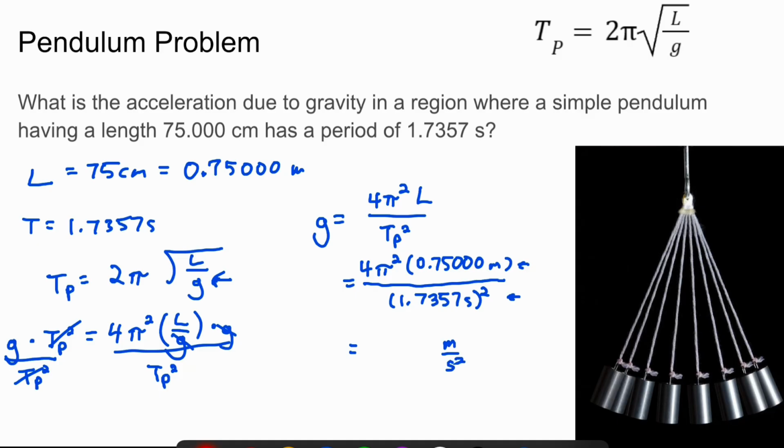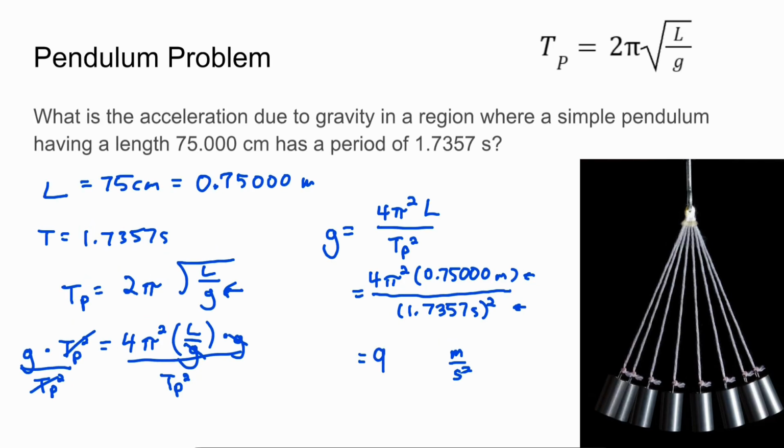So we'll end up with meters per second squared, which we like because that's generally what we communicate acceleration in. And our answer ends up being 9.8281 meters per second squared, which is, of course, very close to the 9.81 meters per second squared value that we generally use.